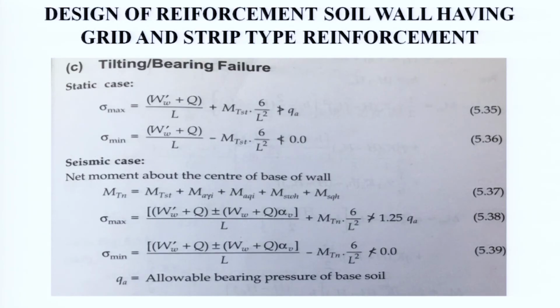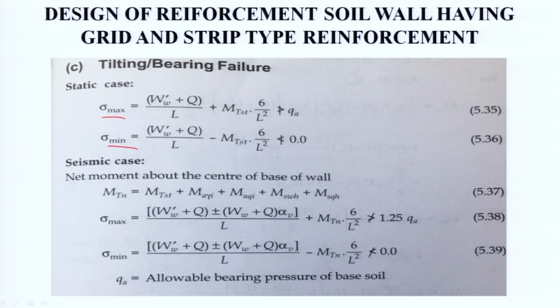For this one, we have to go for tilting and bearing failure, considering the tilting and bearing failure. So we have a static case in which this is the sigma maximum and this is the sigma minimum. Sigma maximum should be less than QA, and sigma minimum should be greater than 0.